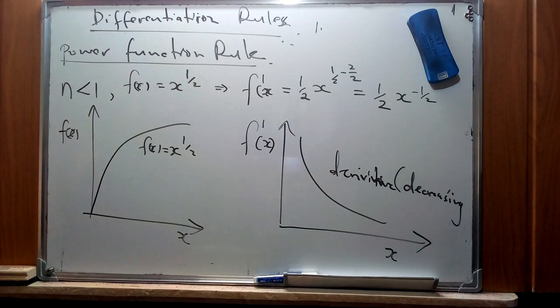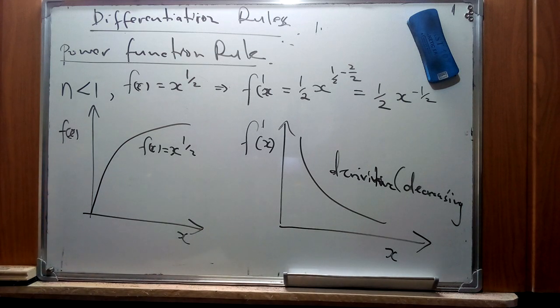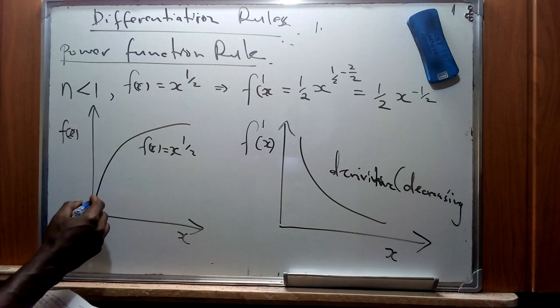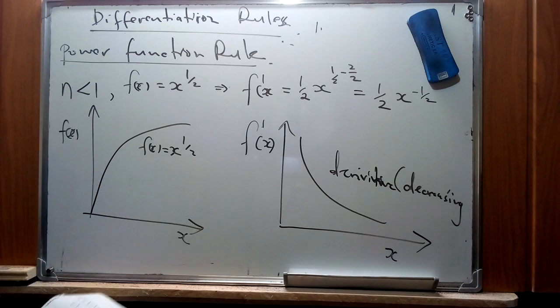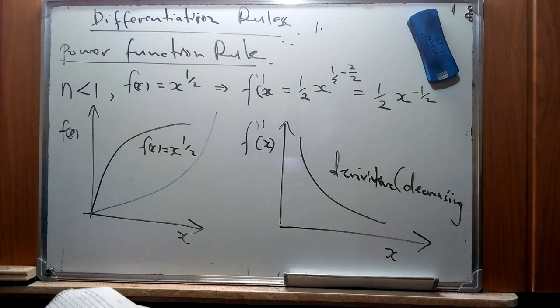Now for the first condition where n was greater than 1, of course we saw that there was an increase. Let me just use this for illustration. We make a correction on that in case we were given a wrong representation. So for that case, in comparison with the function where n was greater than 1, the graph was to behave as such.